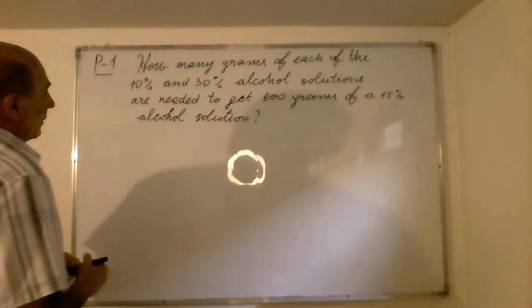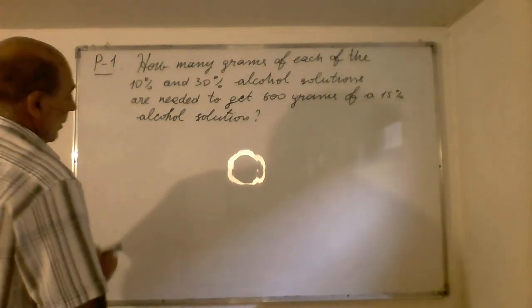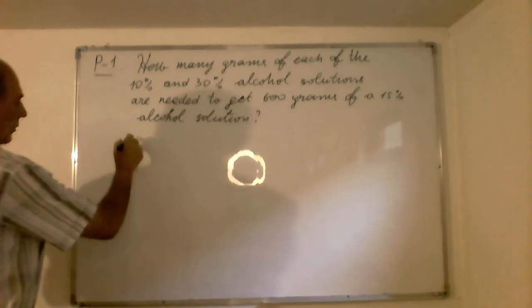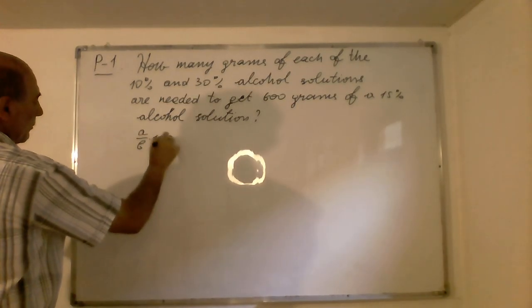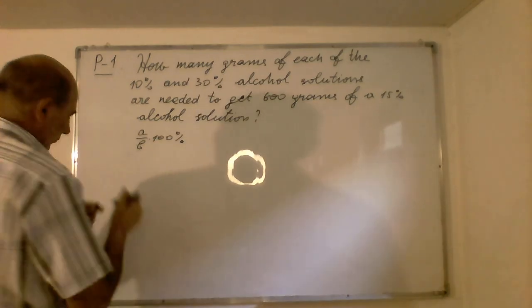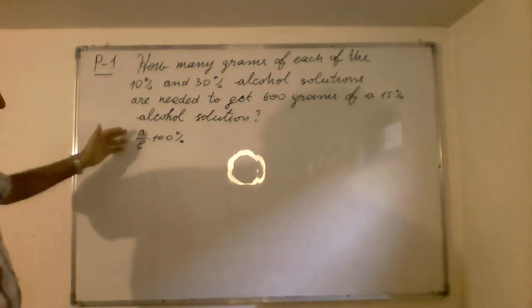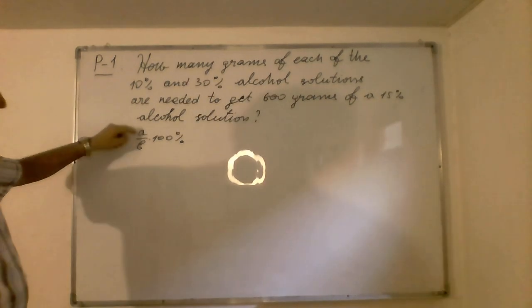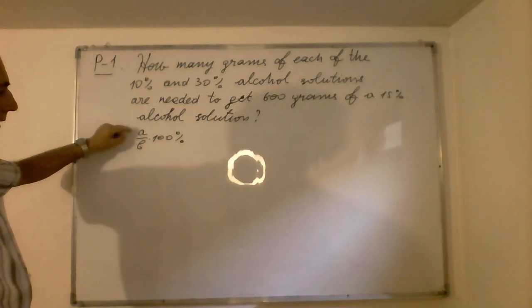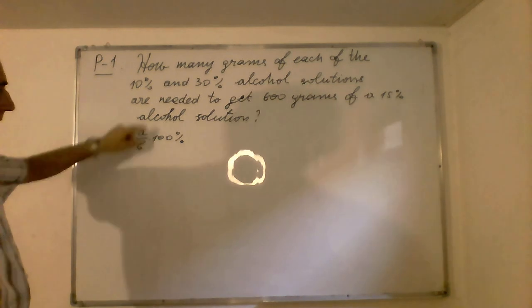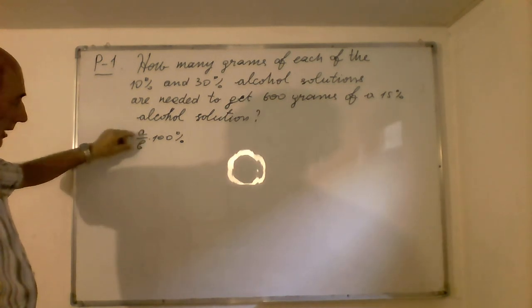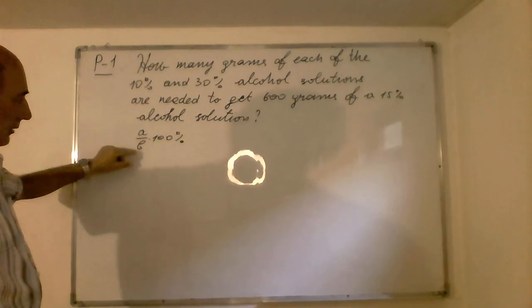Let's solve this problem based on the ratio of A to B times 100% expression. We know that A is the amount of homogeneous substance. B is the amount of solution.